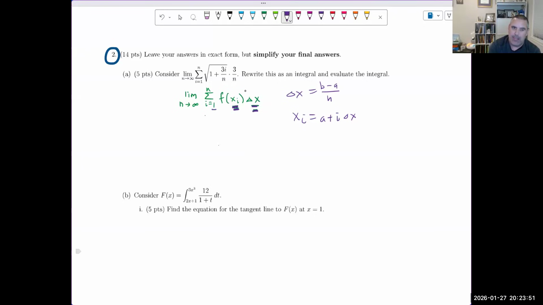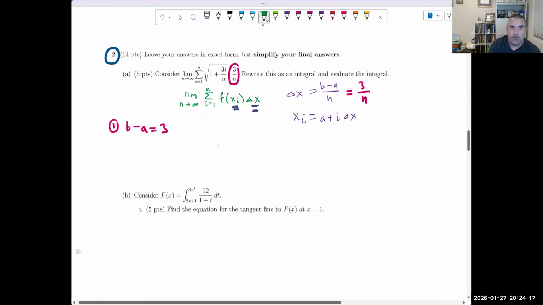The 1 and the n are the number of boxes. The first box, the second box, the third box. So those never change. The a and b are hiding in there. So let's play this game. What you do is you say, well, that looks like the thickness. And so what I learned from that is that b minus a, so step one, is b minus a must be 3. Done.